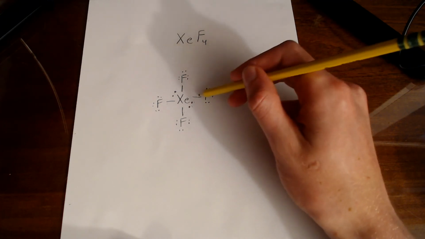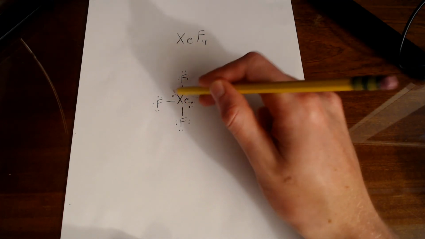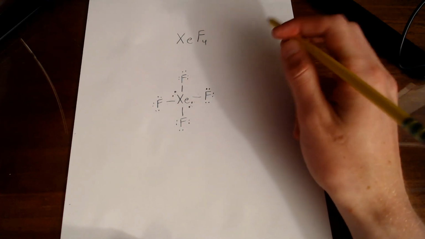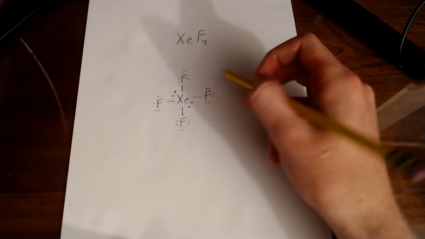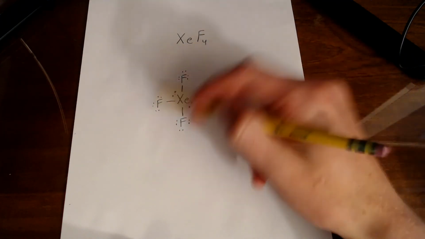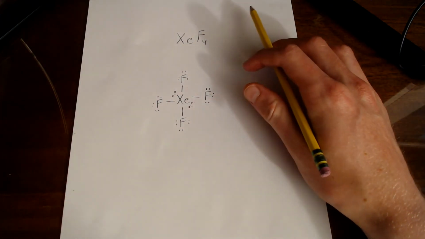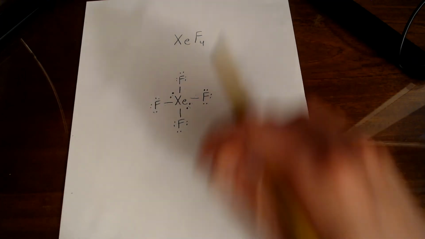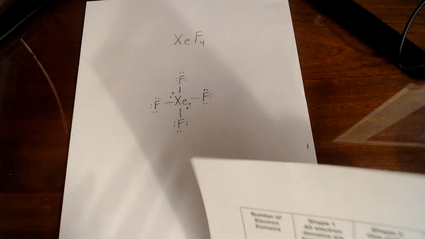So we have 1, 2, 3, 4, 5, 6 electron domains. In order to find the VSEPR shape of this molecule, we first draw the Lewis structure, and then we look in our VSEPR shape table. Later you will have to memorize this for any test you're taking.